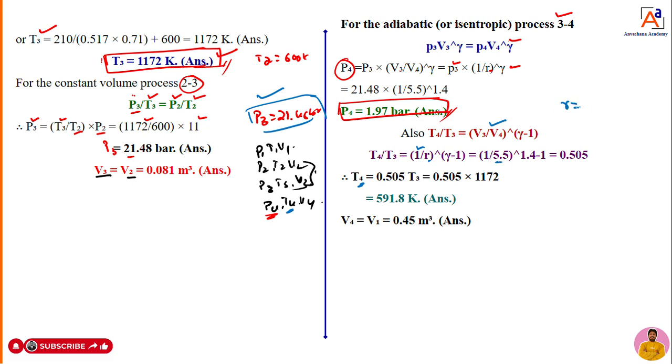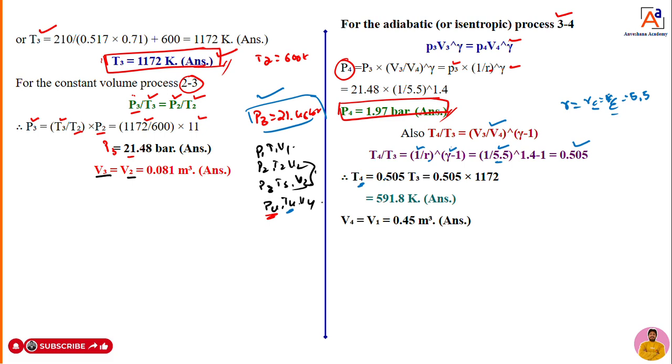That is the compression ratio, and compression ratio is equal to expansion ratio, that is R, which we have already calculated as 5.5, to the power of gamma 1.4 minus 1. You do simplification, we are going to get T4 by T3 is equal to 0.505.